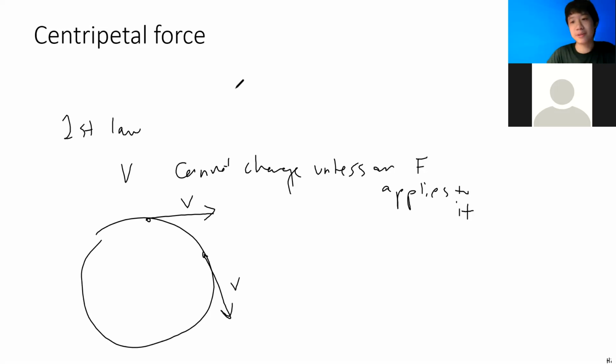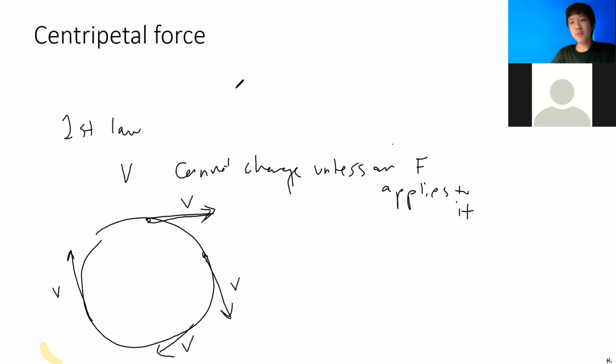This is what we call centripetal force: the force that makes an object go in a circle. Also, when an object is going in a circle, velocity is always tangent to the circle, as you can see here, as I've drawn.